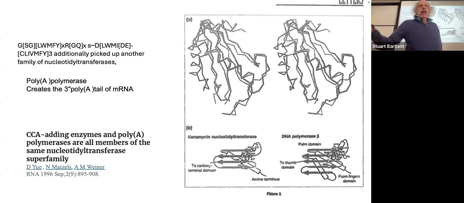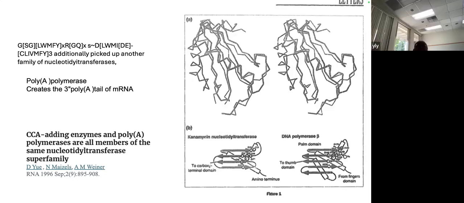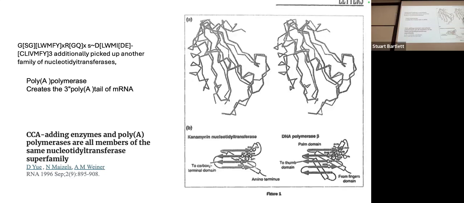And they had crystallized the system, and they found that this DNA polymerase beta was very, very similar to something called the kanamycin nucleotidyl transferase. Kanamycin seems to be an antibiotic created by various bacteria that kill other bacteria.